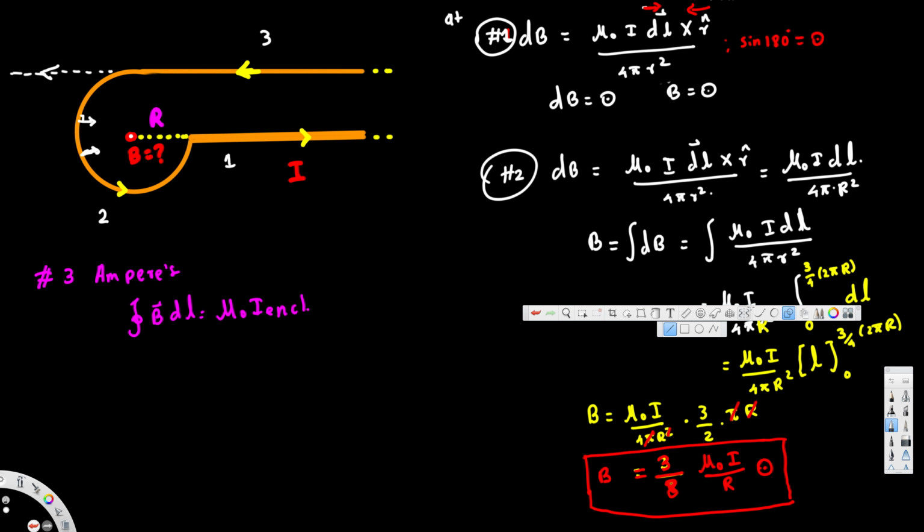Let's draw that one here. Okay, I draw a circle. So we are going to have an imaginary Ampere loop like this. And to show it is imaginary, I'm going to draw it with a dotted line.